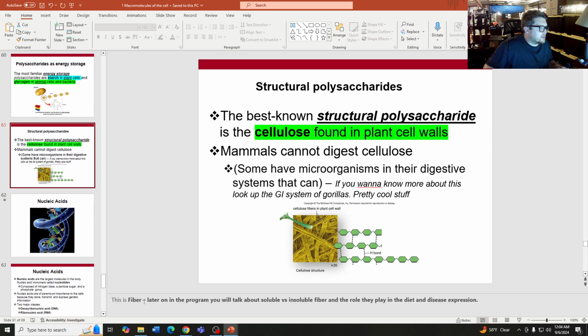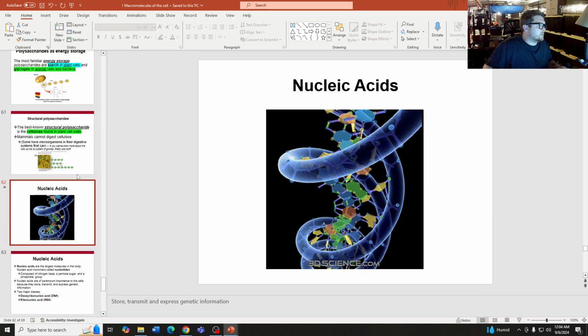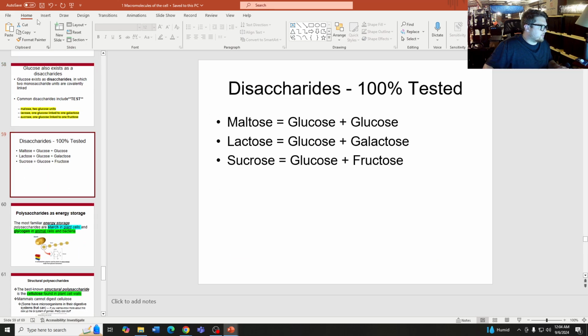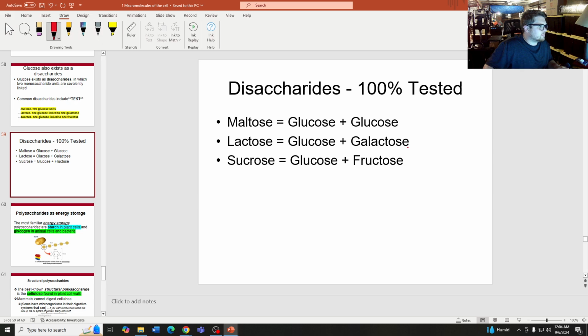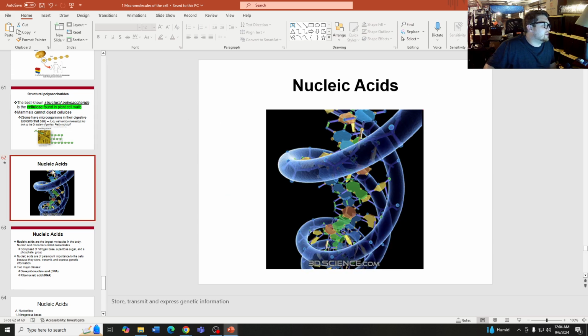Cellulose is also known as fiber. Later on, I'll talk about soluble versus insoluble and kind of the role that they take on, but don't worry too much about that right now. And that's all you really need to know about polysaccharides. Biggest thing is this stuff right here. Not only is this tested here, this is tested in so many courses. So learn this now. Burn that into your brains.